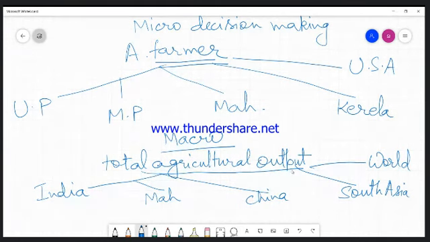Total agricultural output can depend on total availability of land, total population, labor size, use of capital, demand in the market, government policy, and international demand. There can be several factors which will affect the total output.